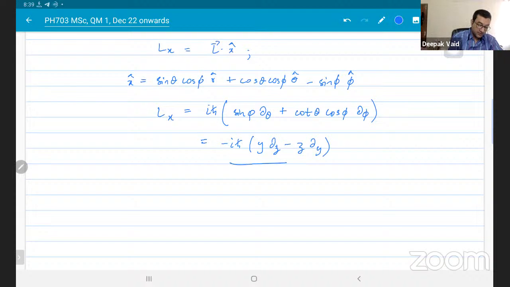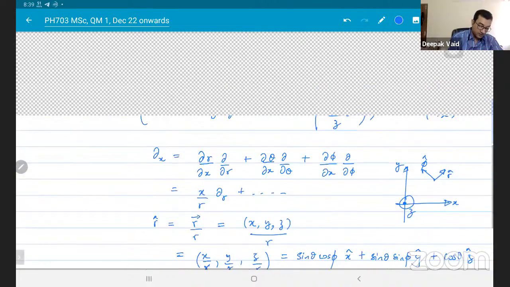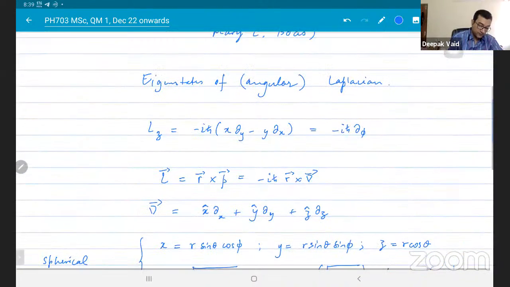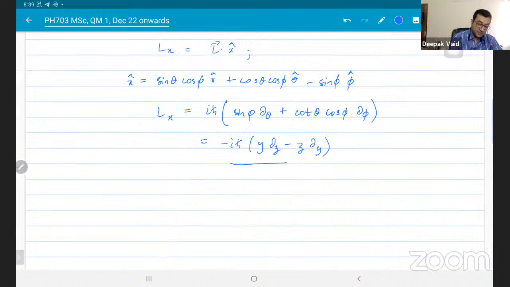Okay, so now let's finally come to the crux of the issue, which is that these are eigenstates of the Laplacian. Now, what is the Laplacian? The Laplacian is this del square operator.